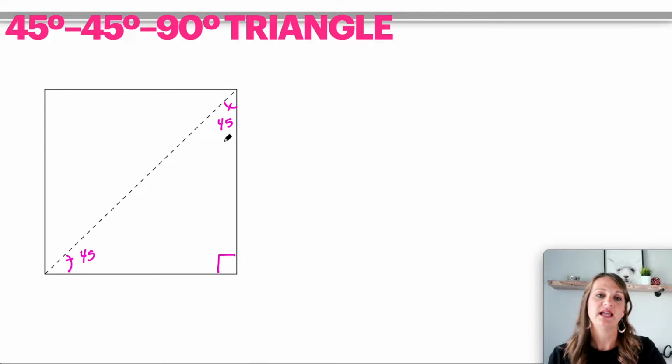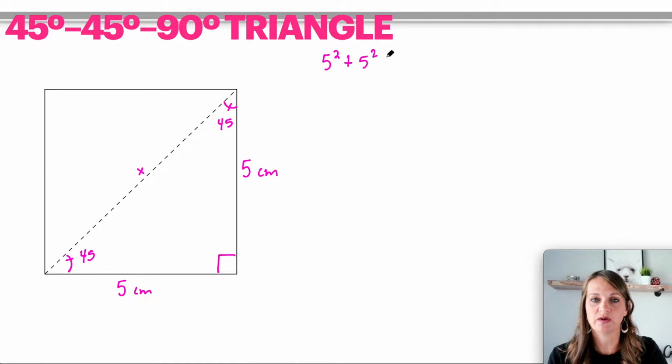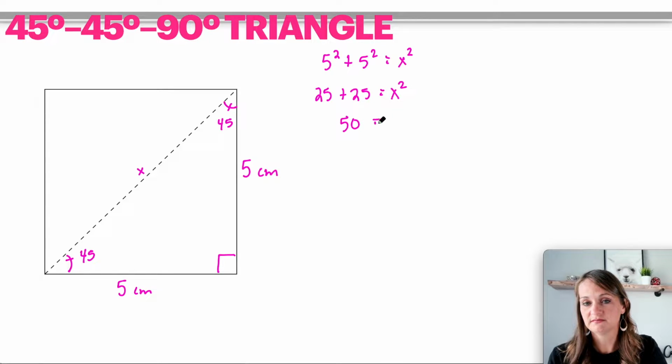So here's the deal. Let's say that we have a side of 5 centimeters, which means we know that this side is going to be 5 centimeters. So I want to find what is the diagonal. We know the Pythagorean theorem says that 5 squared plus 5 squared equals x squared. So we'll get 25 plus 25 equals x squared, which gives you 50.